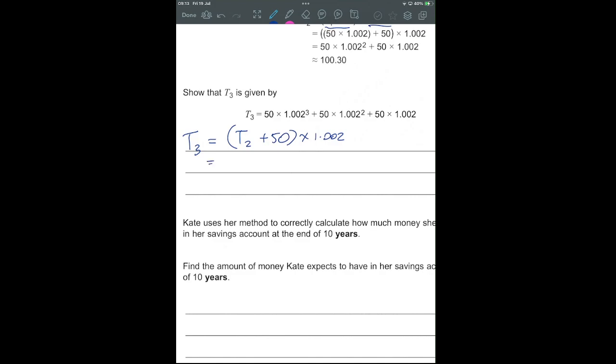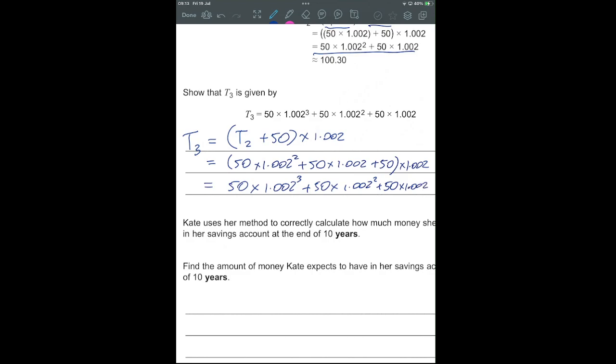So then we take the T2 from above that she has correctly calculated, squared plus 50 times 1.002 plus an extra 50, and then increased at the end of the month. So that's 50 times 1.002 cubed, 50 times 1.002 squared, plus 50 times 1.002.